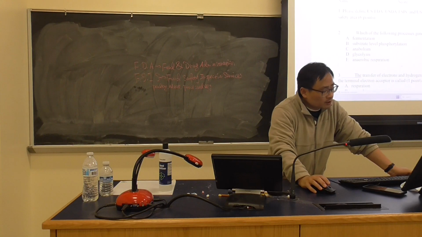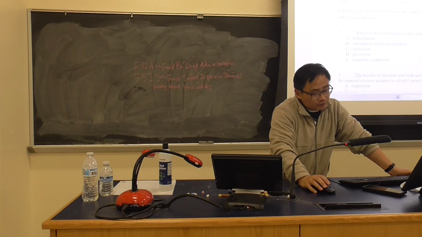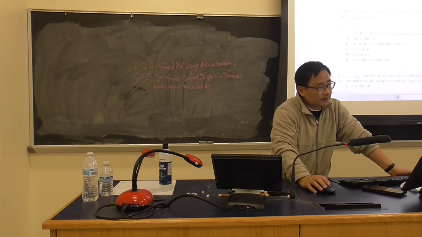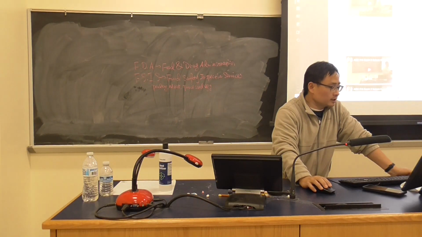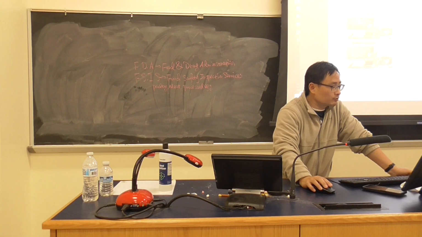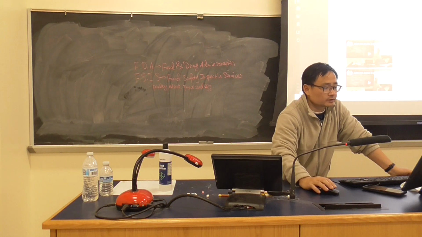And we talked about fermentation and glycolysis, they are coupled. Only 2 ATP are generated. So what is the best answer? It's anaerobic respiration. If you forgot where we could find it, you could find it in the slides.